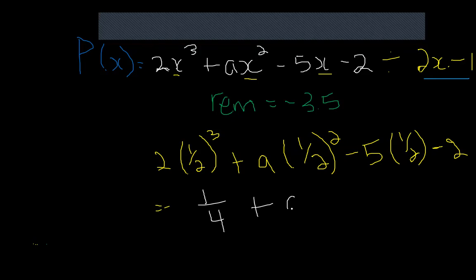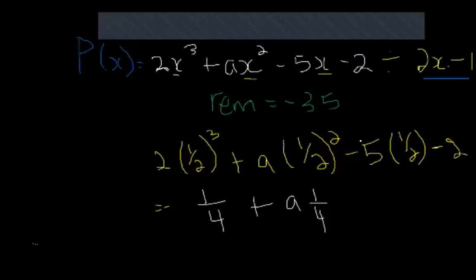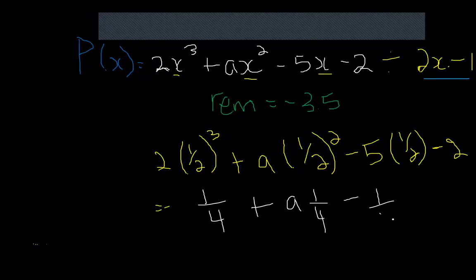This is a times a quarter, a on 4. That's minus 5 on 2, so that's minus a half. A quarter minus a half.